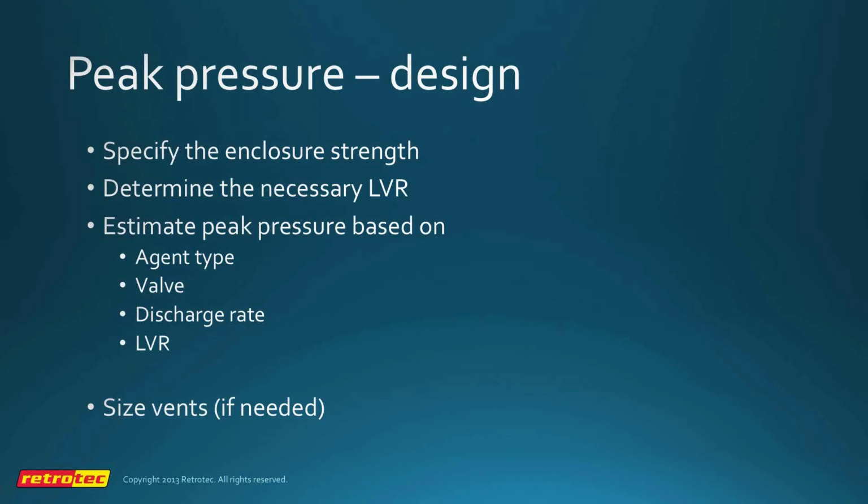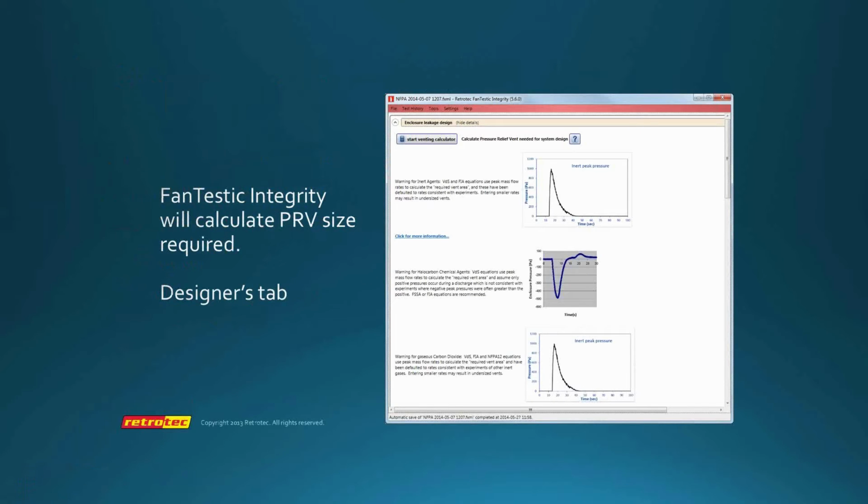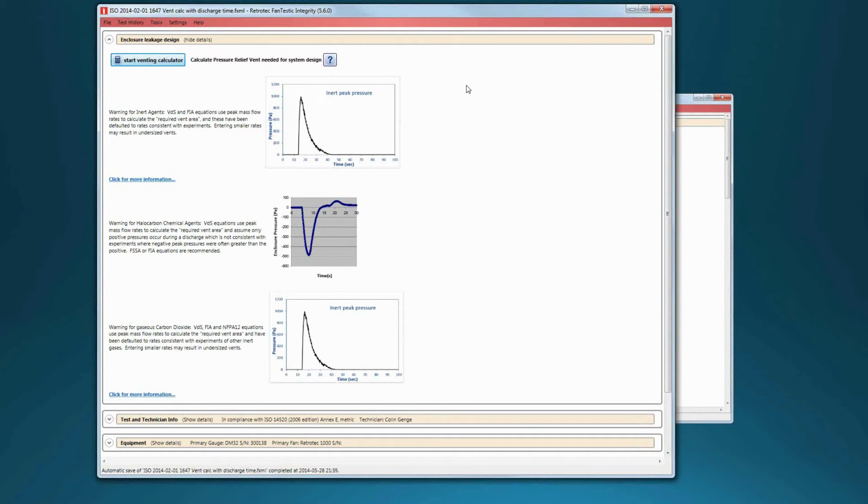And that will tell us whether or not we need to have pressure relief vents. So we can run through a few of those sample calculations right now, actually. So what we're going to do is we're going to bring up our venting calculator again.